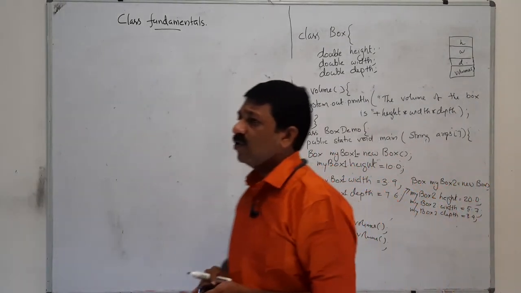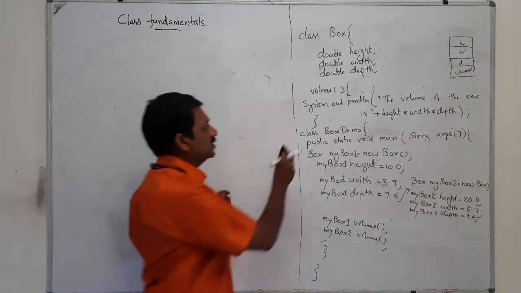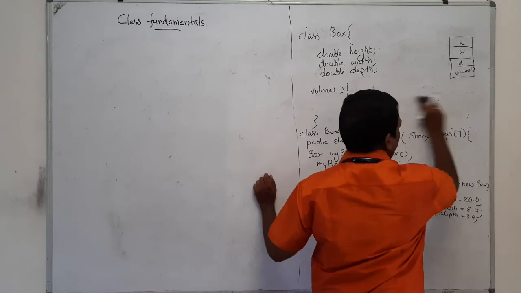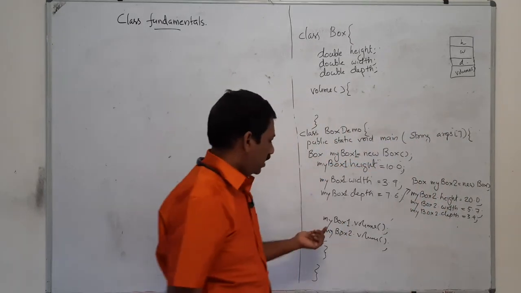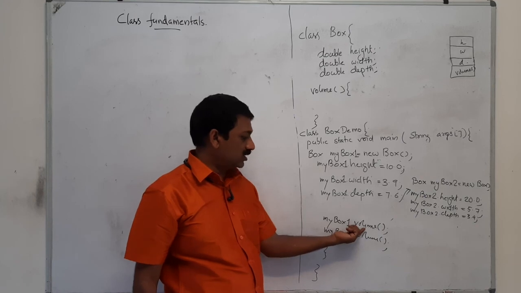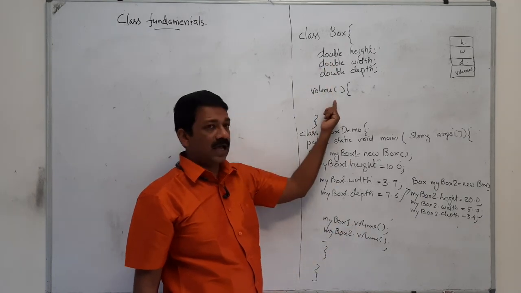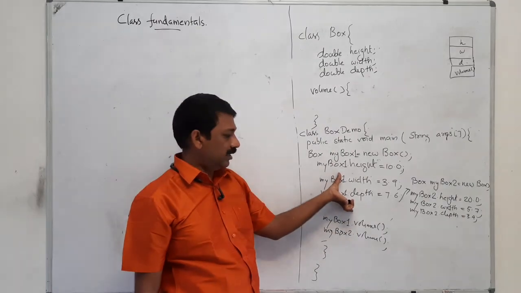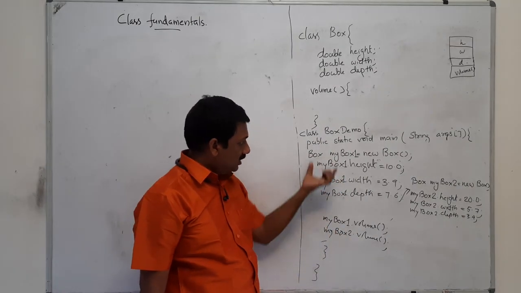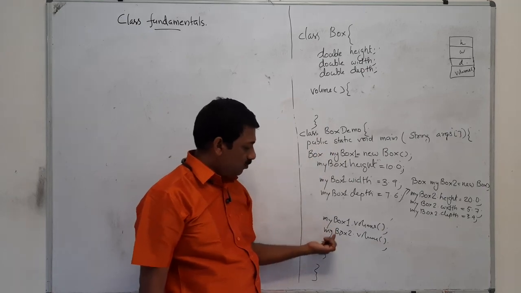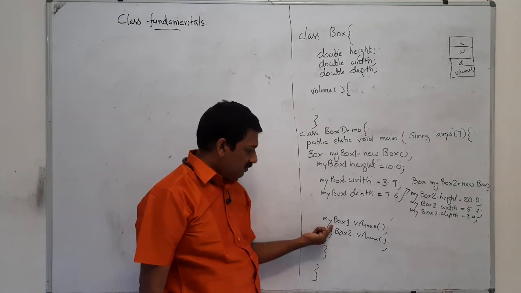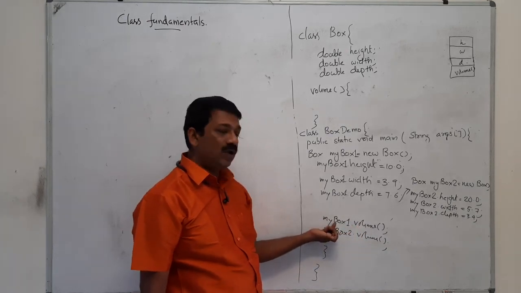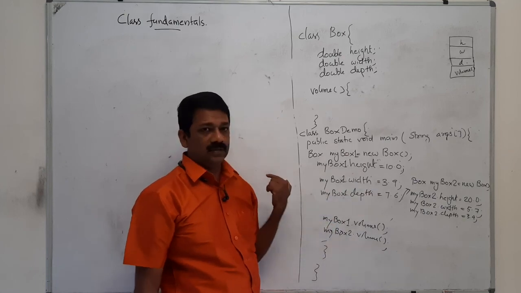Now, instead of this, you can have another technique. When my box 1 dot volume is called, suppose the volume is calculated and returned to this class. That means this class has created two boxes, and whenever my box 1 dot volume is called, the volume of my box 1 is returned.